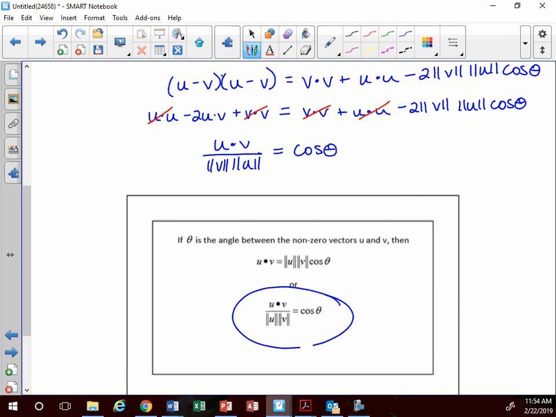I'm not going to ask you to prove that on request, okay? I just want you to understand that it does come from something. You learned the law of cosines first so that you can figure out the angle between two vectors.